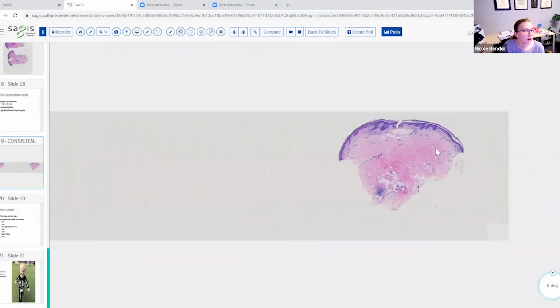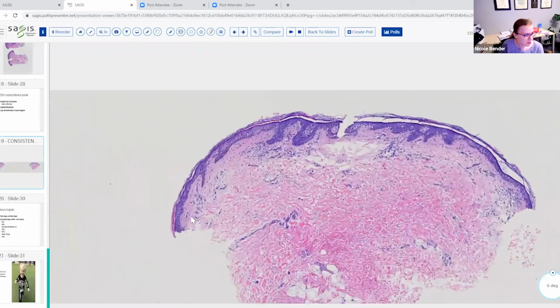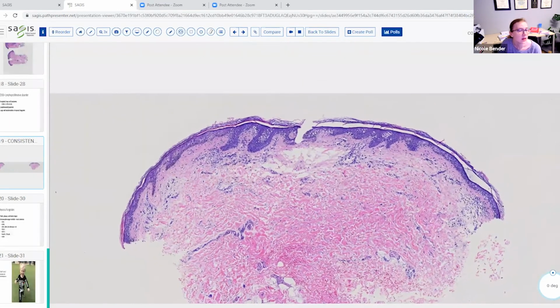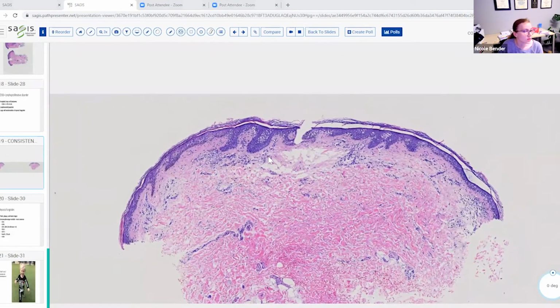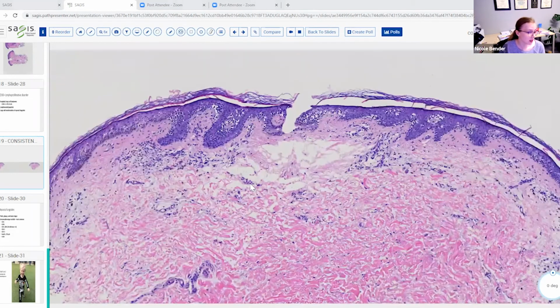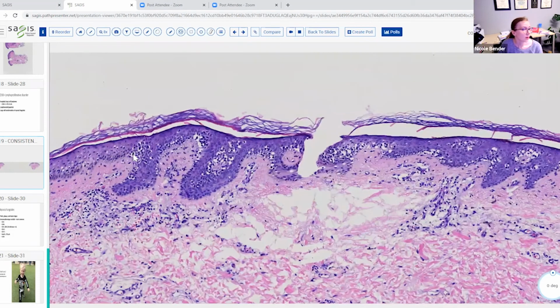Okay, and our last case. Here we have a punch biopsy. This one has orthokeratosis overlying a slightly atrophic epidermis, but really the most prominent feature is these lymphocytes that have extended into the epidermis.